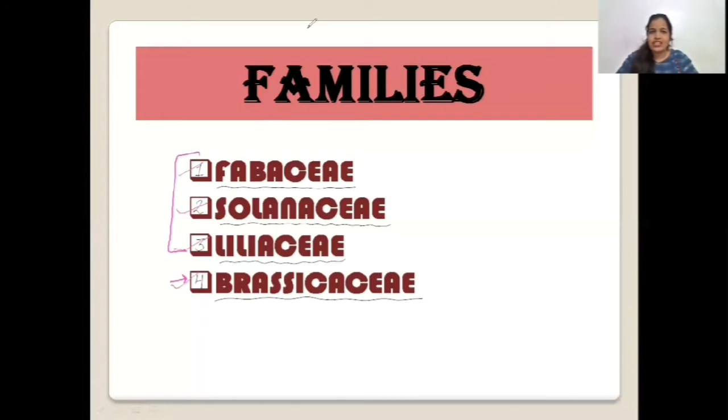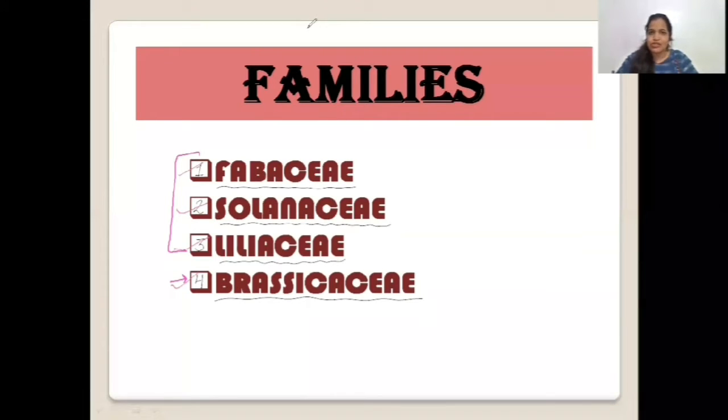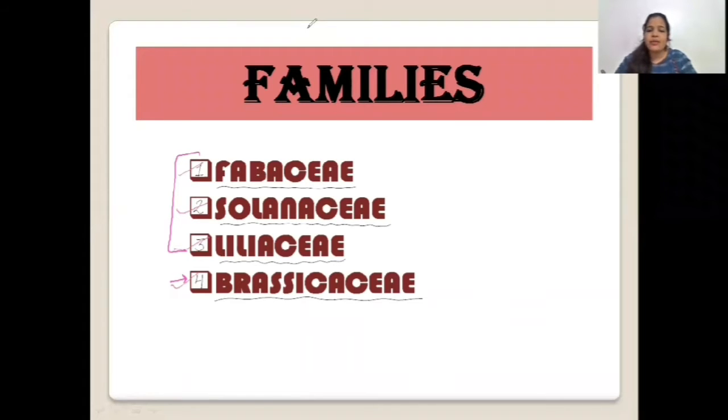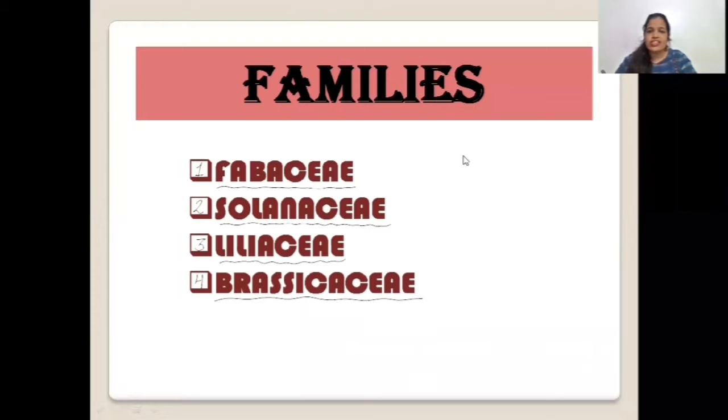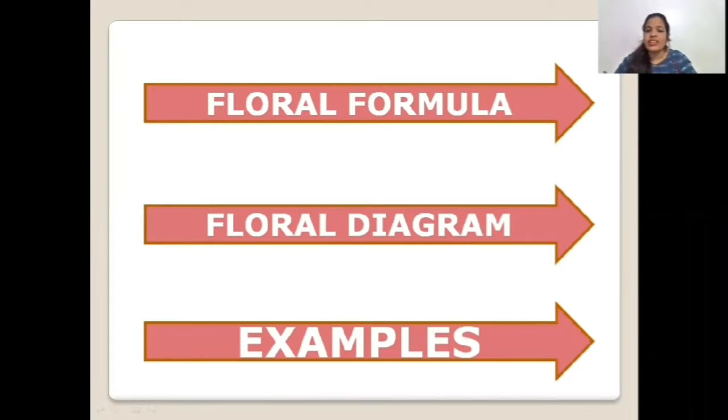Remember these 4 families' names also so that you won't get confused about what you are supposed to study and what not. So let's see the next point, that is what we are going to study in the families.